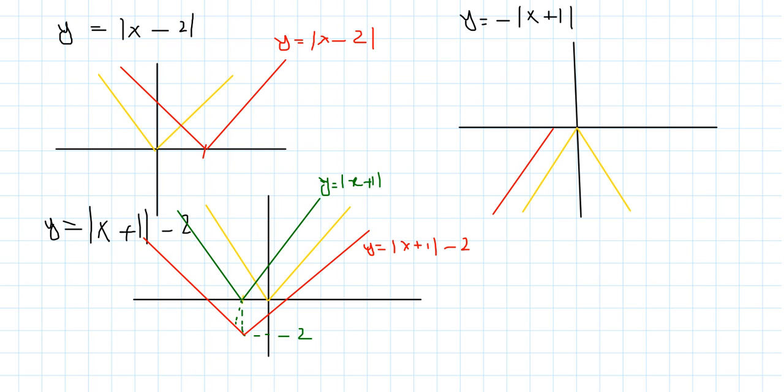Easily I drew it. It's y equal minus absolute x plus 1. You see, these are very easy, only need to understand the first shape of every graph.